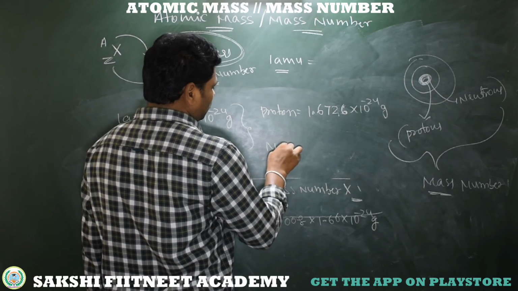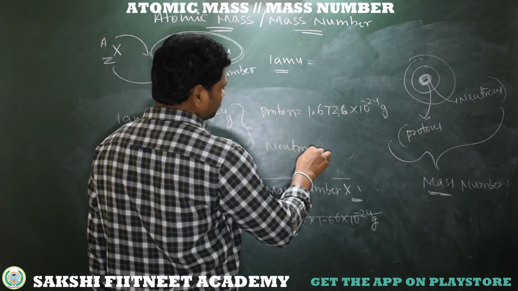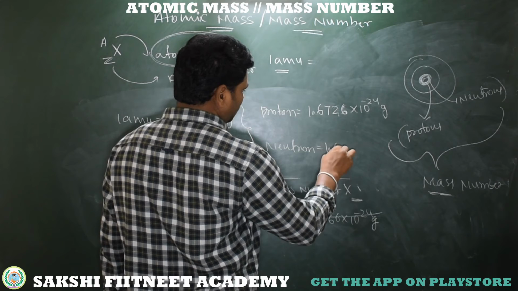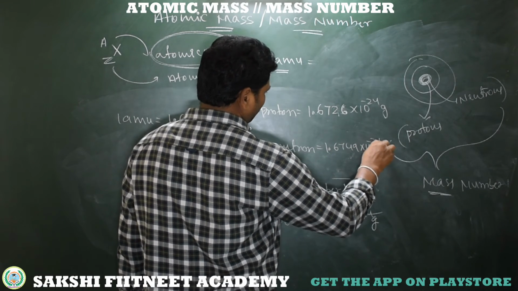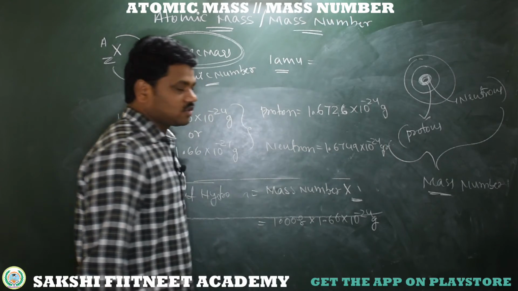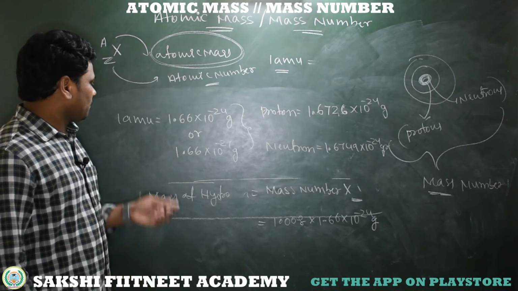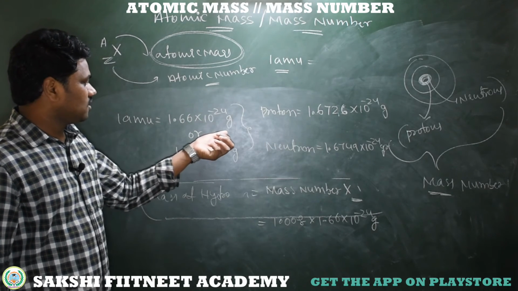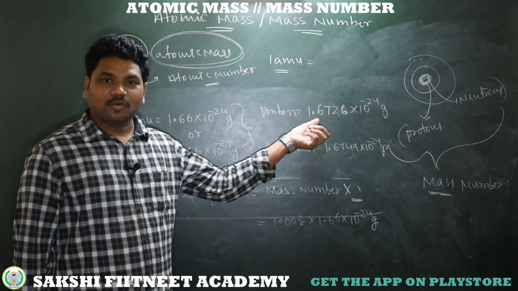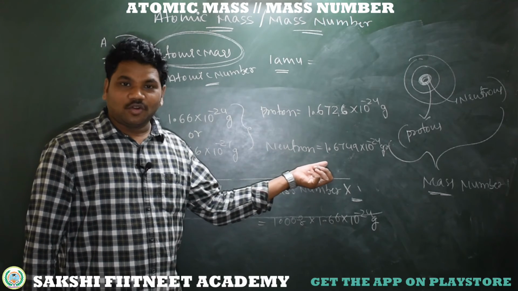And what about the weight of a neutron? That is equal to 1.6749 into 10 power minus 24 grams, or minus 27 kgs. See here, 1 AMU is equal to 1.66 into 10 power minus 24 grams. That is approximately equal to the proton weight and approximately equal to the neutron weight.